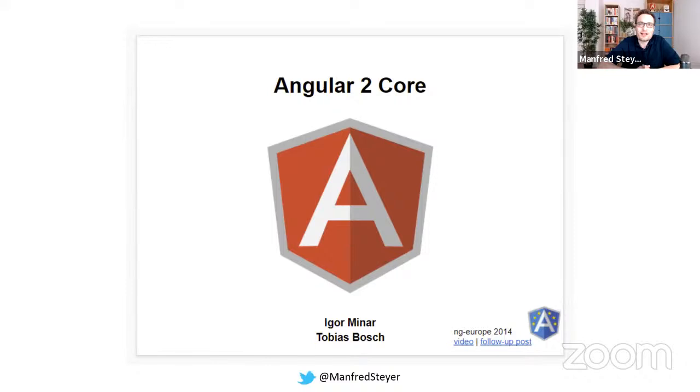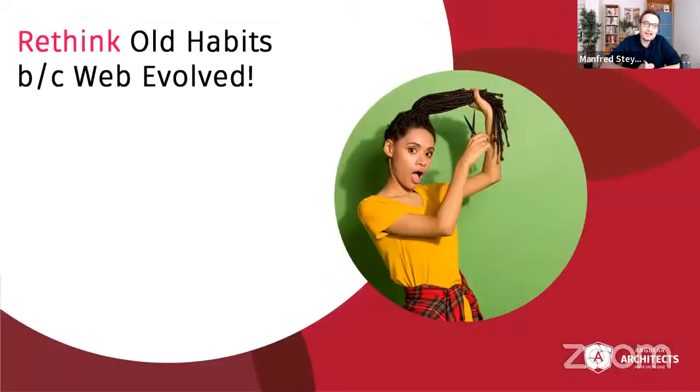And one thing they told us is that we need to rethink old habits, because the web evolved. We had almost ECMAScript 2015 back then. The DOM evolved. We didn't need jQuery anymore, and so on and so forth. So we need to rethink old habits, and this shall influence the architecture of Angular 2.